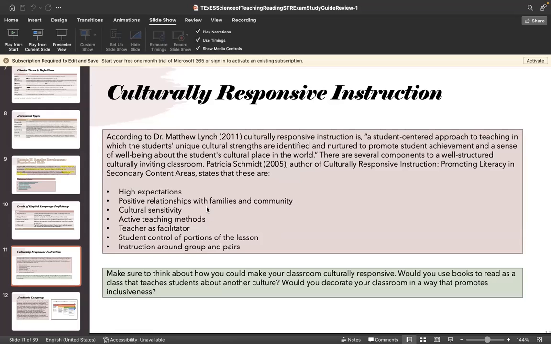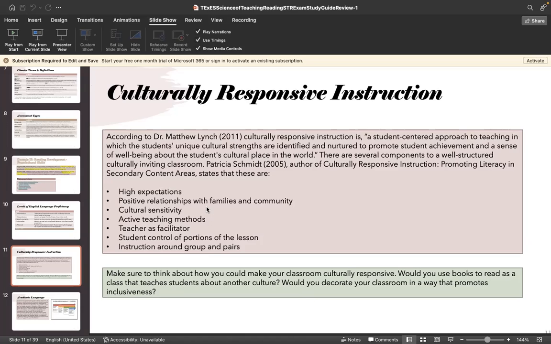Their differences are strengths in the classroom. And in order for us to continually achieve that tailoring to all of our students, culturally responsive instruction or teaching is really important.